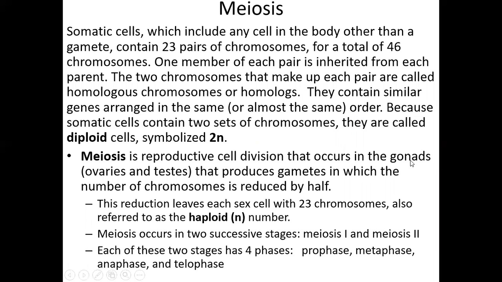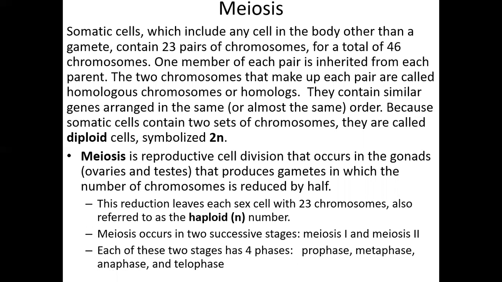Gonads is just a fancy word for the ovaries in females and testes in men that produce those gametes or sex cells, where we take the number of chromosomes and reduce it by half, which means that we have 23 chromosomes in the egg, 23 in the sperm, and the symbol N, short for haploid, is what's represented for cells that have 23 chromosomes.